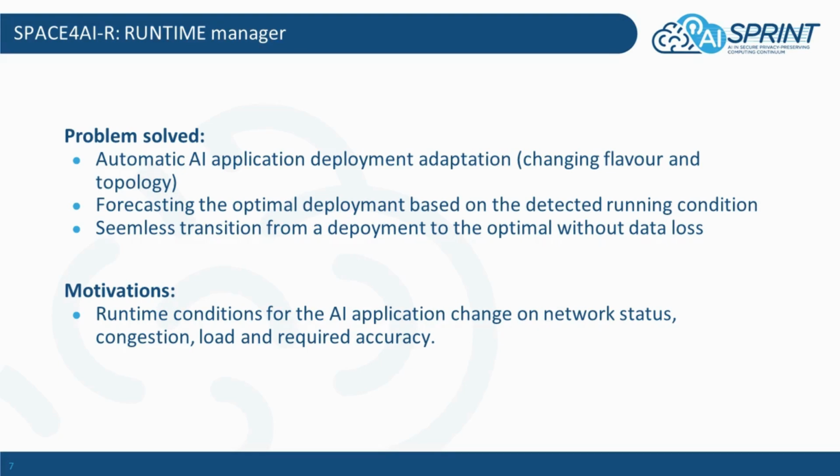For this reason, a system is needed to monitor the runtime condition and to find an optimal deployment again in terms of topology and flavor, and deploy this application in a seamless way without any kind of data loss. And the iSprint tools allow a forecasting of the optimal deployment based on the detected running condition.